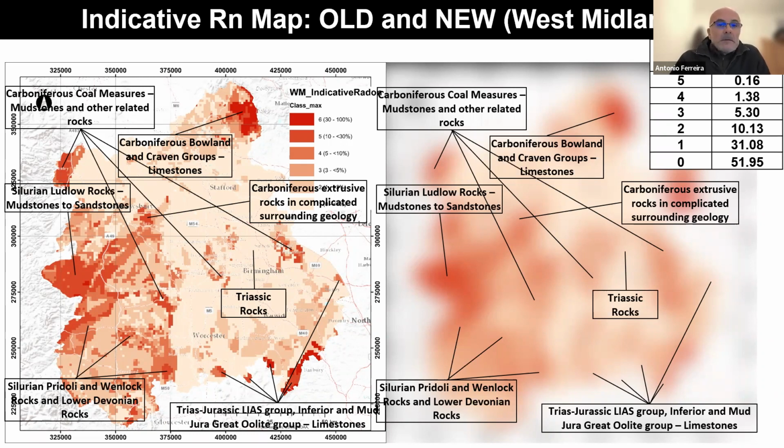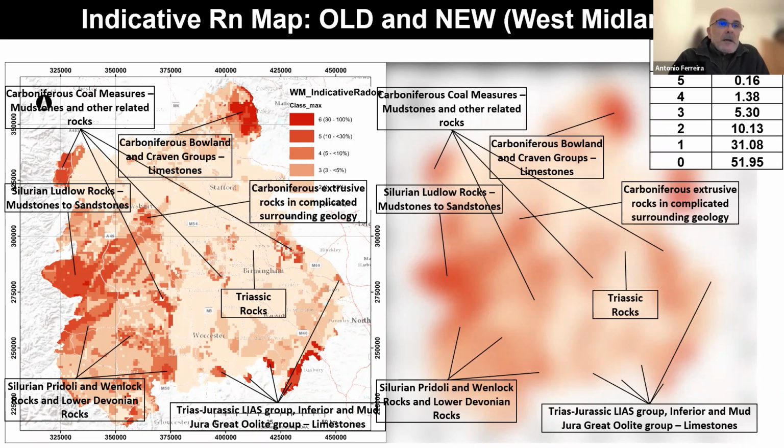If you compare the two maps, although one is blurred, you'll see that the highest classes are located in the same areas, and they relate to a few types of rocks.